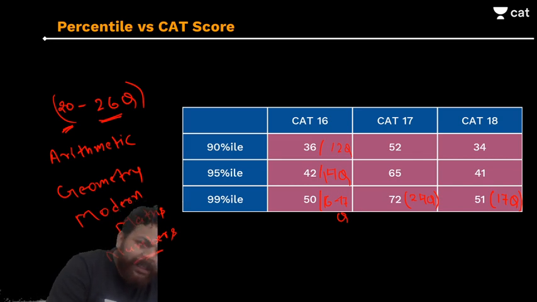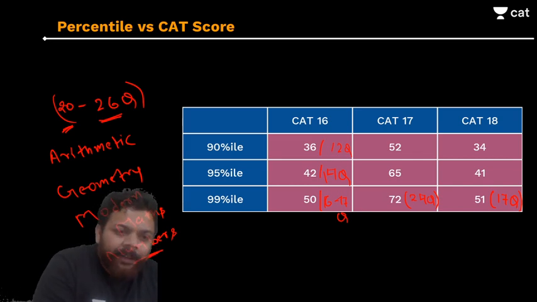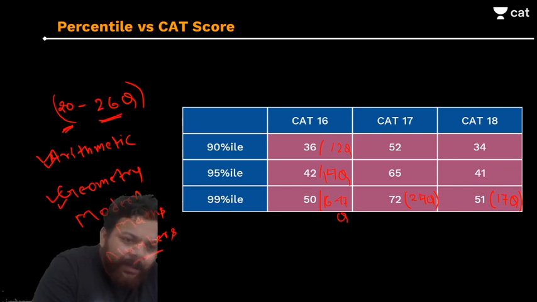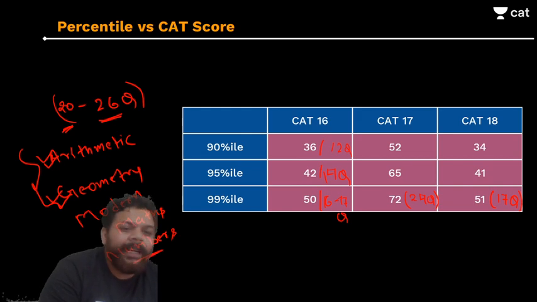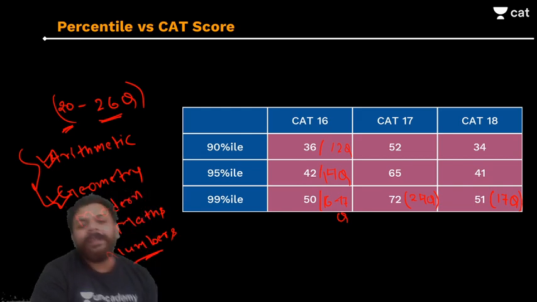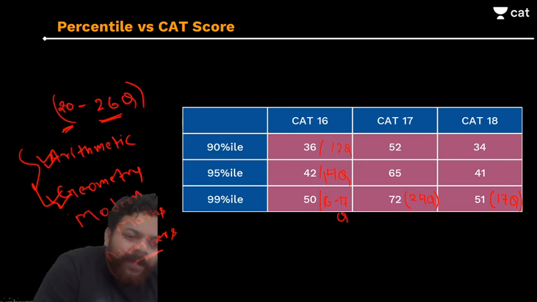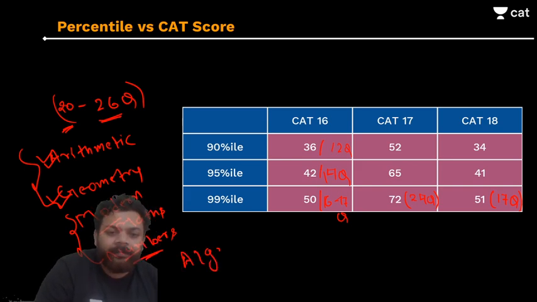So if you are ready to solve the arithmetic part and geometry part, I can guarantee you, you can easily achieve 95 percentile and above. The only thing is for 99 percentile, you need to do some hard work in modern maths, numbers, and algebra.